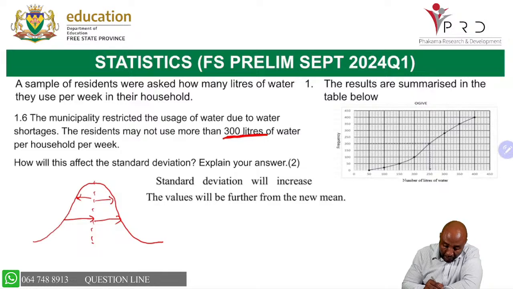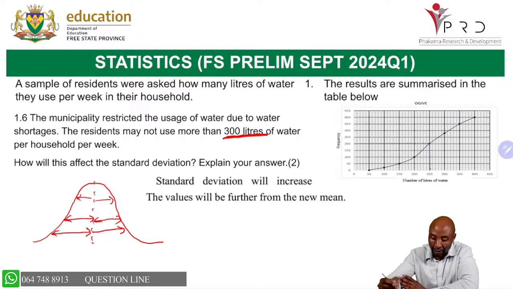So the further this is to the left, to the right, it will affect our standard deviation.